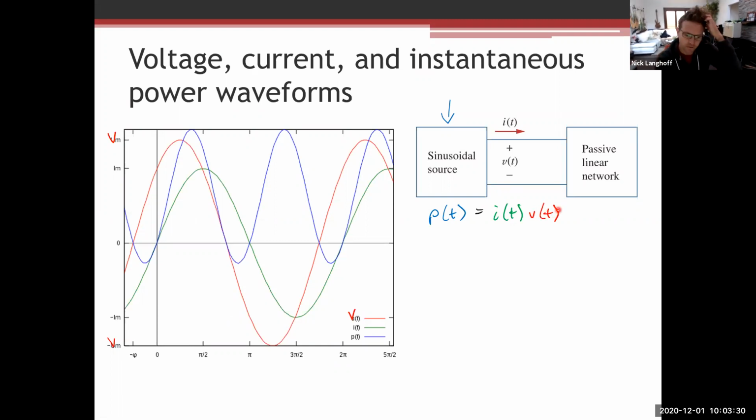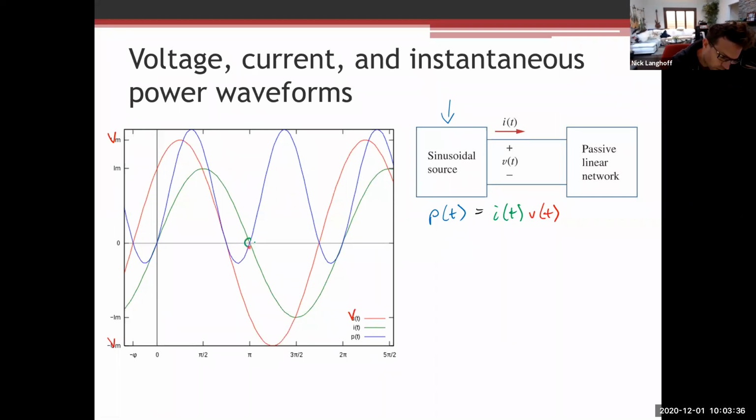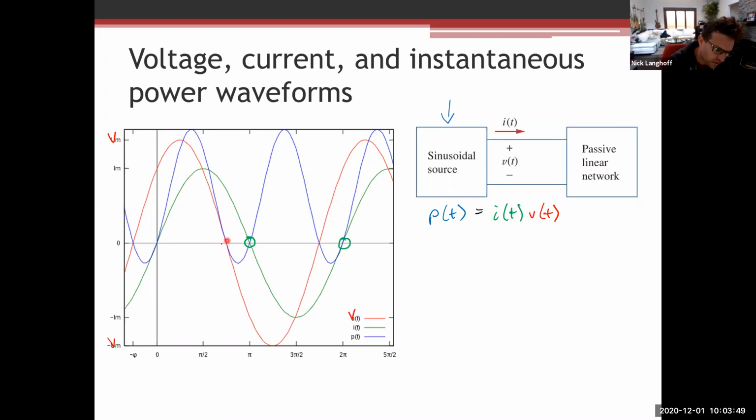And if either I of t is 0, that makes the power equal to 0. So anytime there's a 0 crossing on the current waveform, the power is going to be 0 at that point, right? Makes perfect sense. Anytime the voltage is 0, it doesn't matter what the current is. If the voltage is 0 at any point, the power is going to be 0 at that point as well.